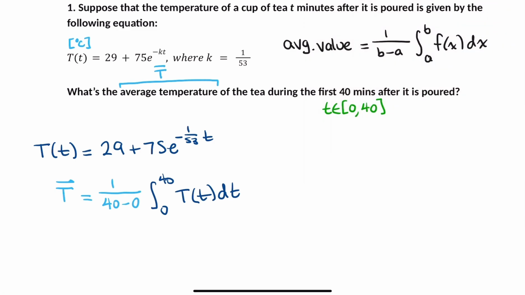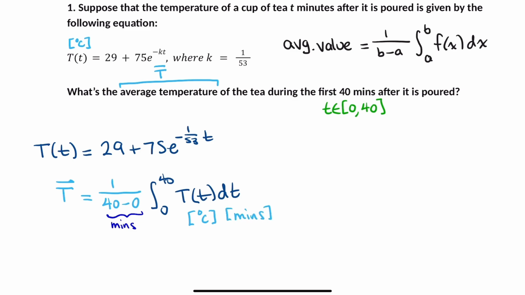And we know that this is in minutes, and we know that capital T of t is in degrees Celsius. And dt represents small changes in the time over the interval, which we can say is minutes.